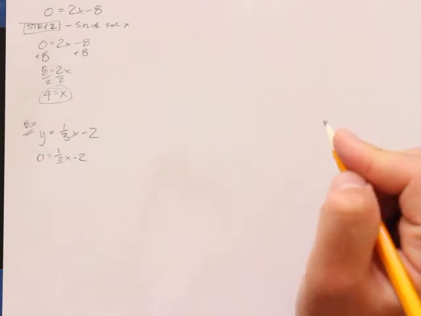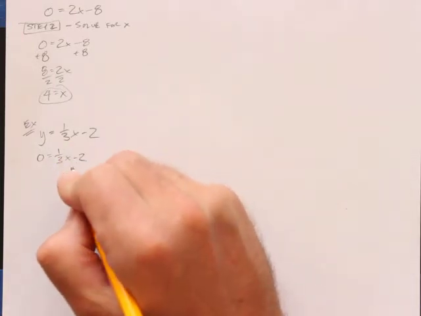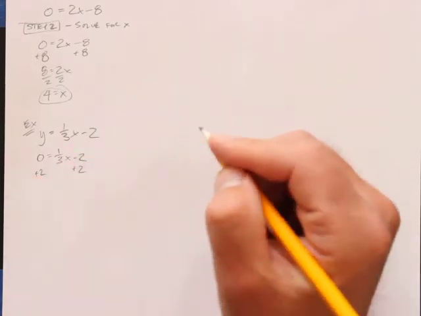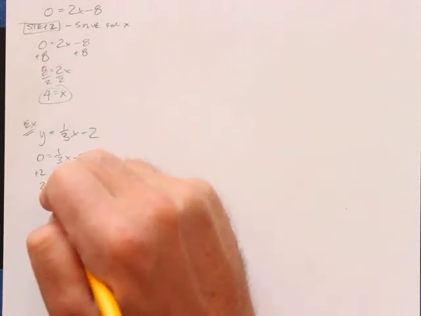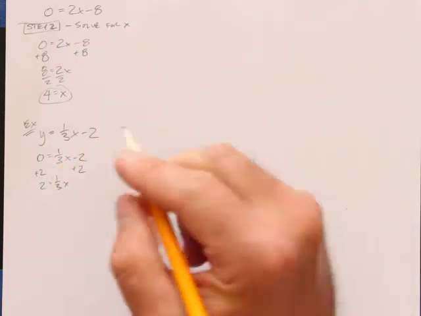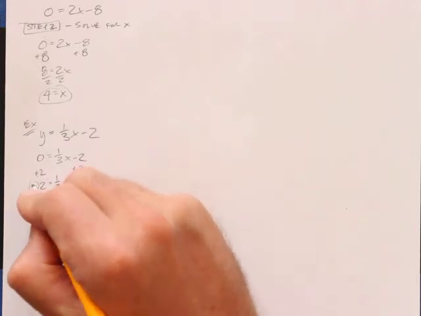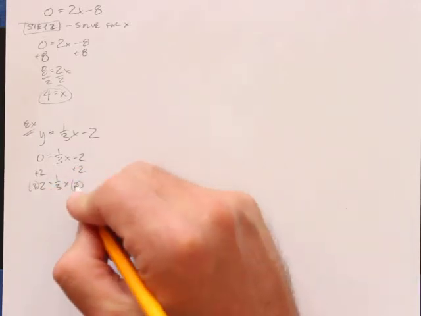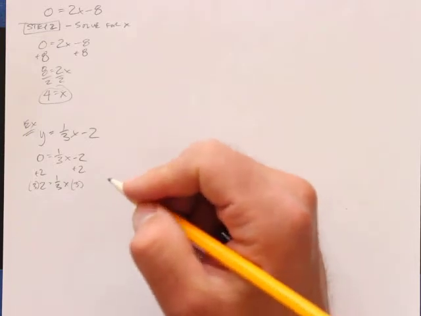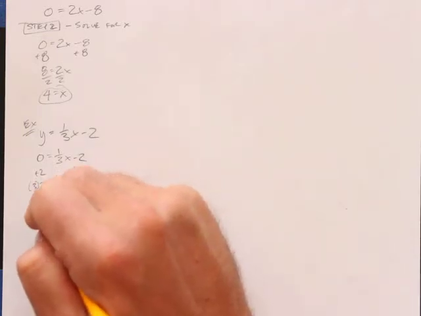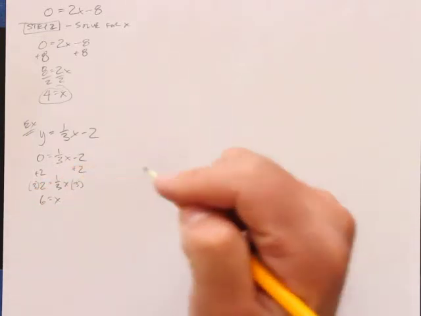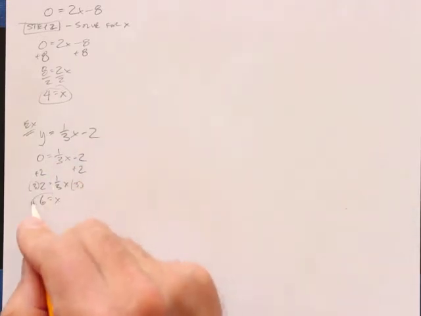Now our second step is to solve for x. So I'm going to add 2 to both sides. And I have 2 equals 1/3 x. To get rid of this 1/3 here, I've got to multiply both sides by 3. 1/3 of 3 is 1, so that I end up with just 1x. 3 times 2 is 6, so x equals 6.